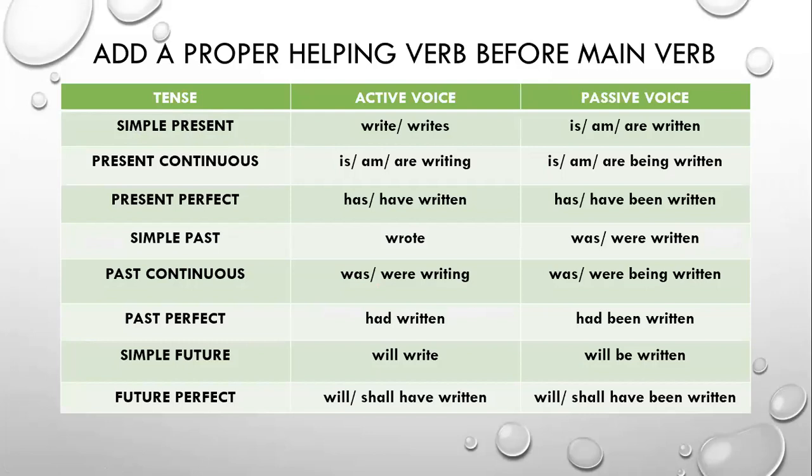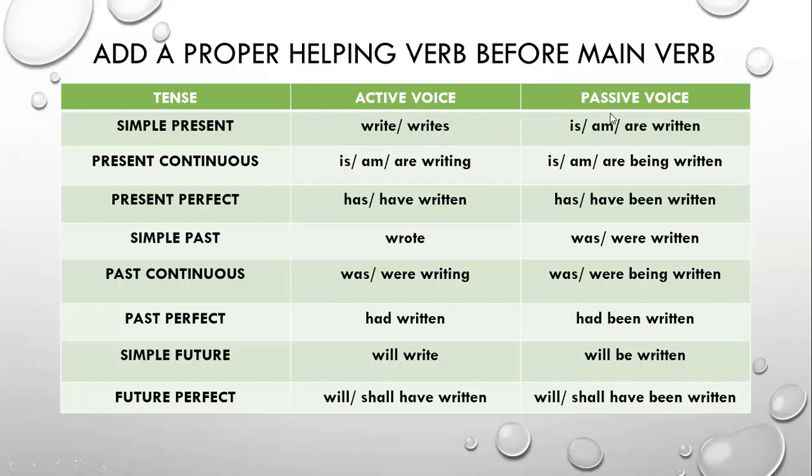With the help of write only, I'll be telling you how to convert it into different tenses. If I'm talking about simple present tense, your form is first form, either write or writes. Write for plural and writes for singular.